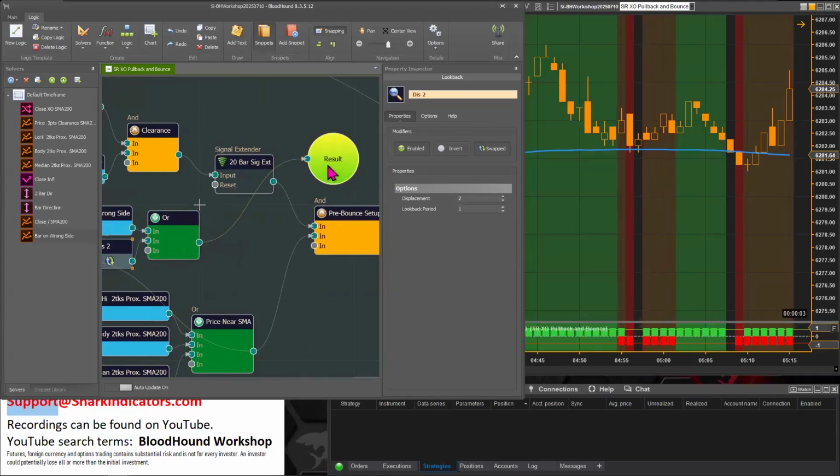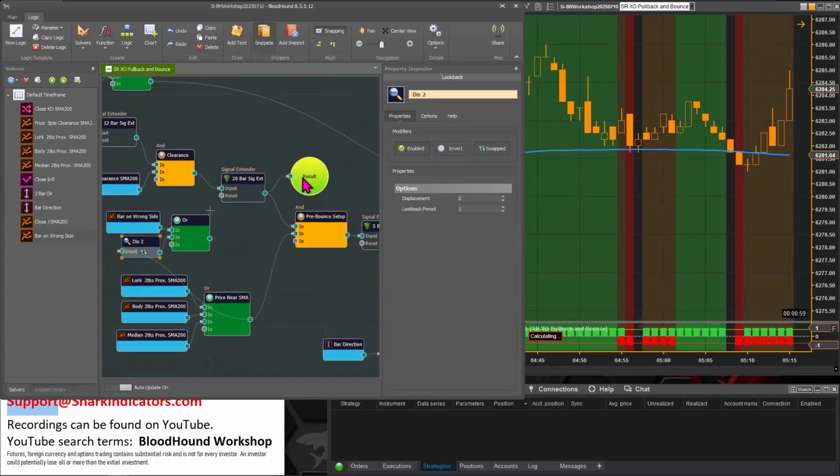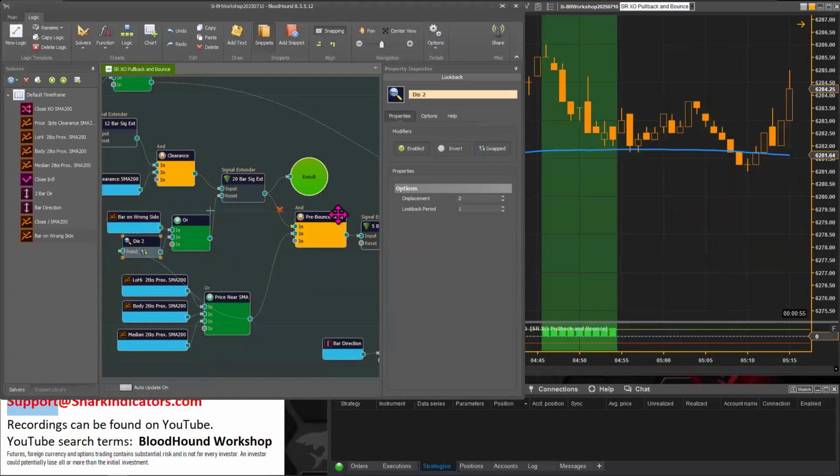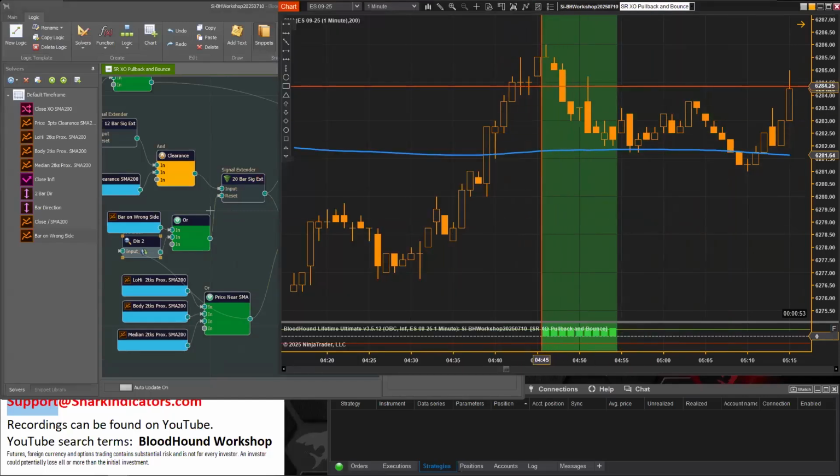So there we go. Let's connect that in, and there we have it. So we have our clearance, price pulls back, and price gets within that 2-tick range, and then it turns off.